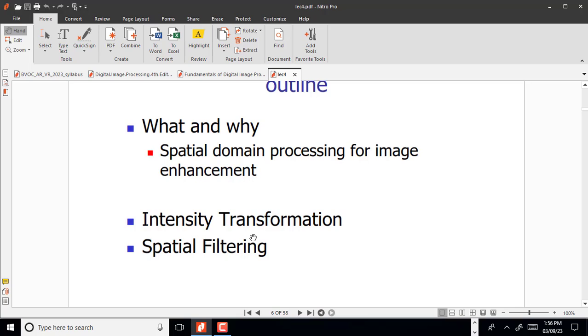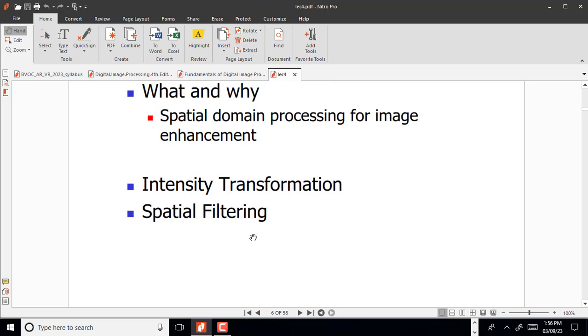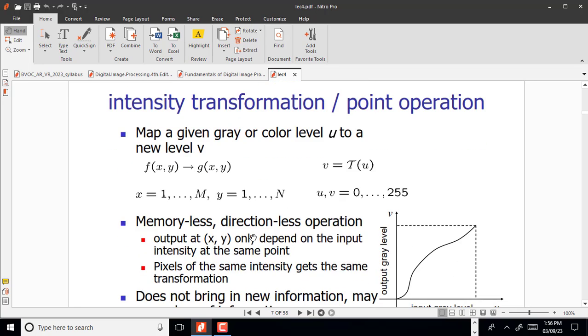So what is the major role of intensity transformation or spatial filtering? Intensity transformation, or point operation, as I already mentioned, works on a single point. It maps a given gray or color level u to a new level v that replaces the single point.